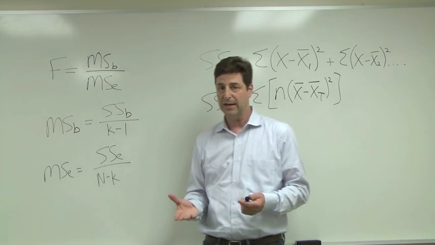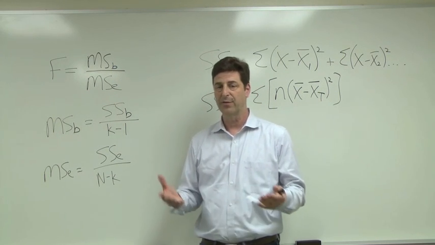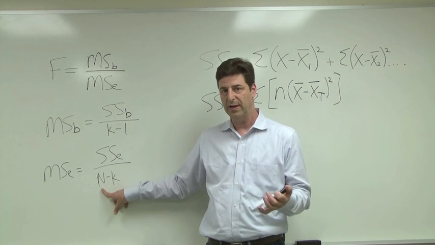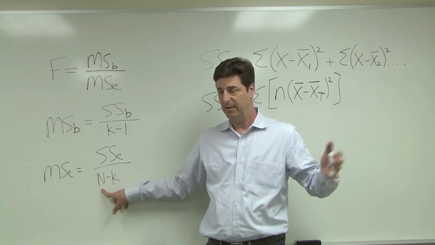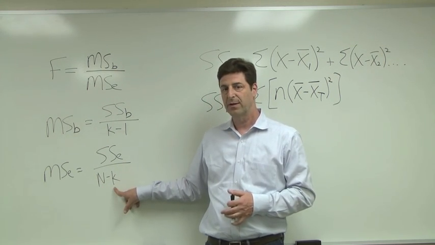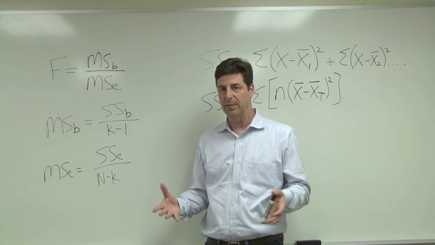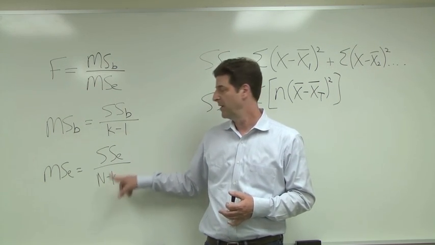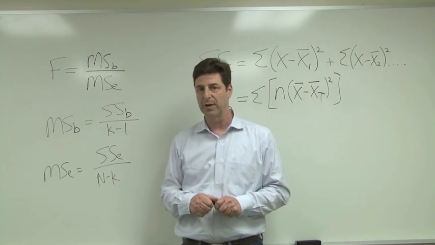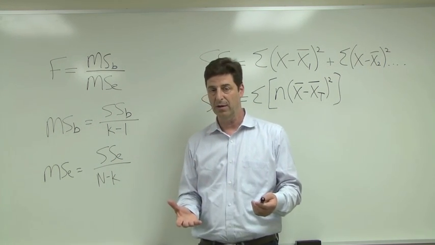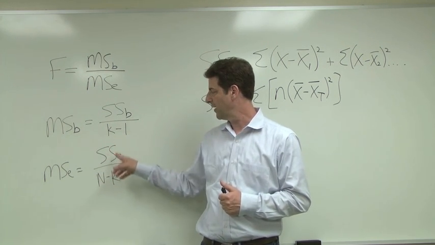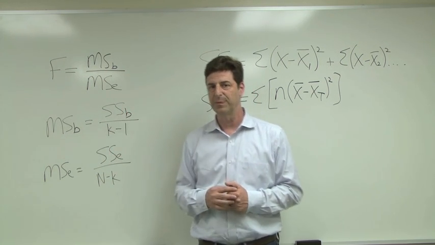So say we've got 10 cases per group, and we have 3 groups. This capital N would be 30, 10 plus 10 plus 10, minus 3, because we've got 3 groups, 30 minus 3 would be 27. So that denominator would be 27, and you would divide the sum of the squared deviations error by 27. We'll talk about how to calculate the SSE and the SSB now.